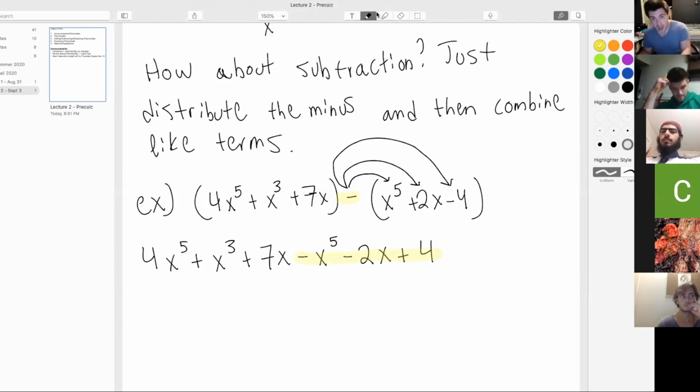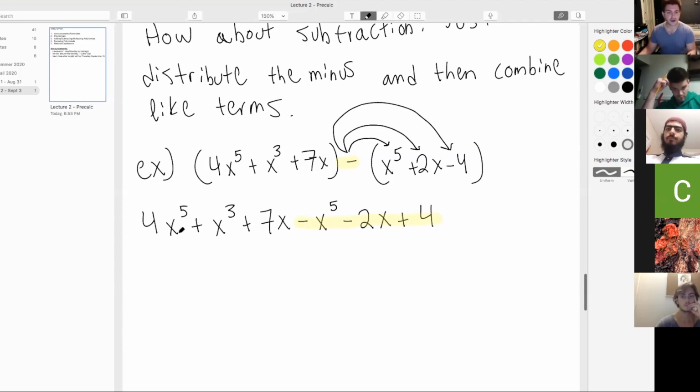That was the result of distributing the minus sign. Now we combine like terms, just like before. Let's take care of our x to the 5th terms. We have 4x to the 5th minus 1x to the 5th, so that should just be 3x to the 5th. How about our x to the 3rd terms? We have nothing to combine it with, so that just comes down. How about our x terms?